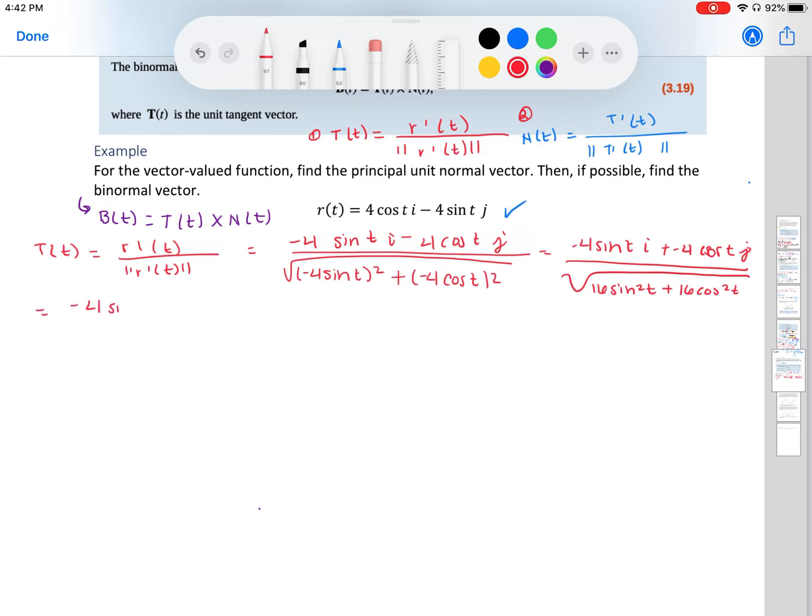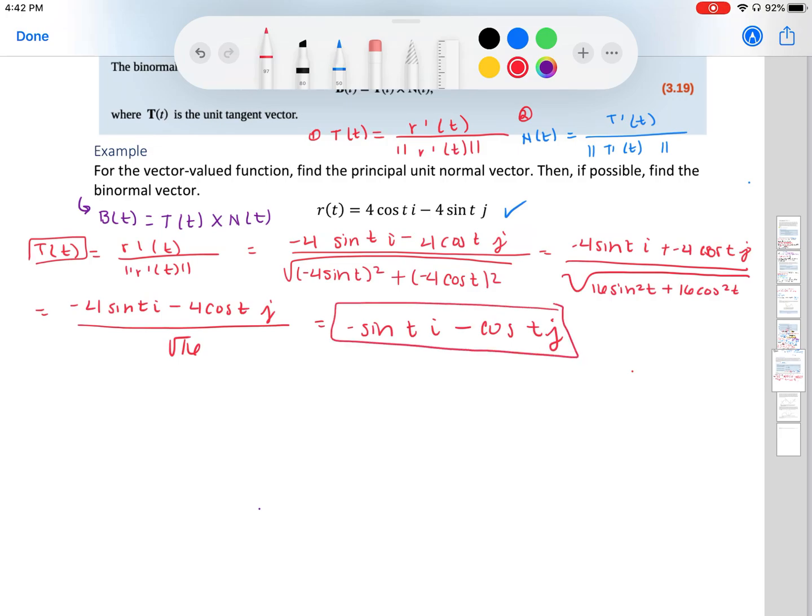That gives us negative 4 sine of t i minus 4 cosine of t j divided by the square root of 16, which is just 4. So T(t) is equal to negative sine t i minus cosine of t j. That's this first one.